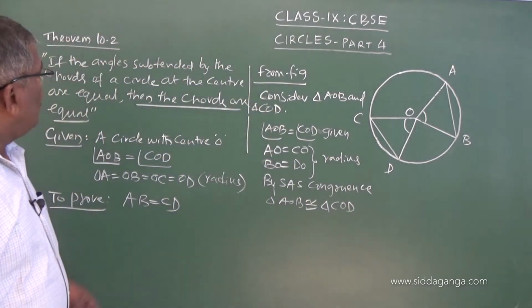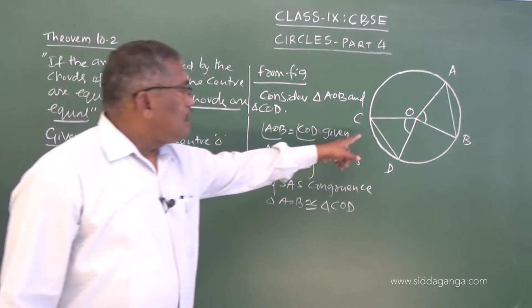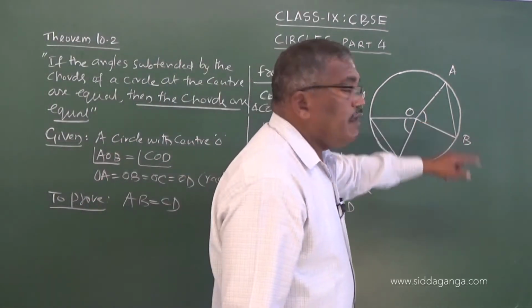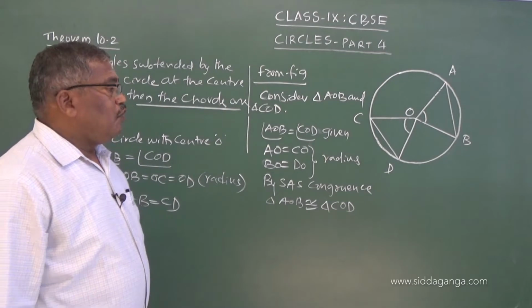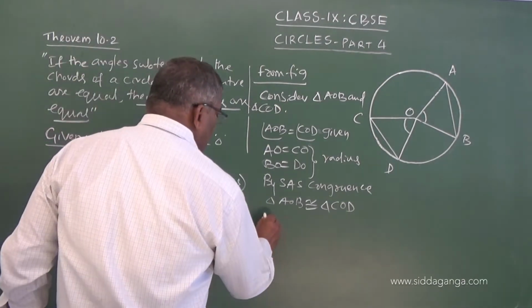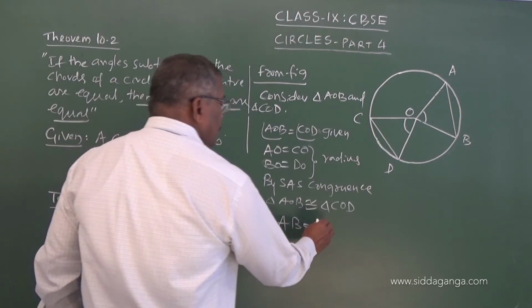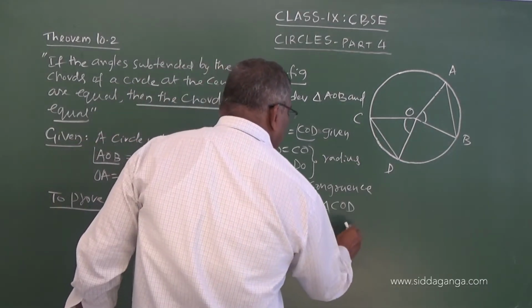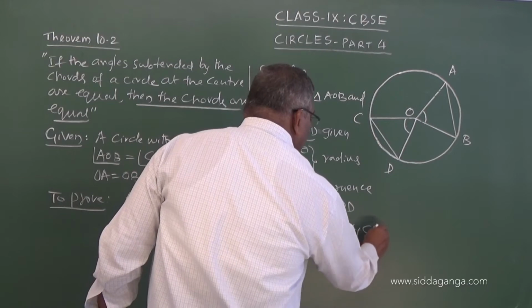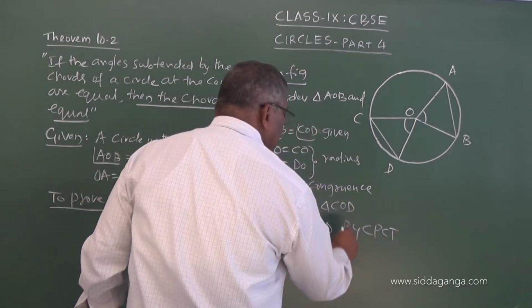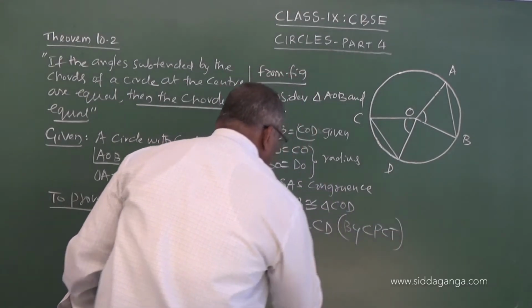So therefore the chords, that is CD and AB, are equal because they are corresponding parts of the triangles. Therefore AB will be equal to CD by CPCT. Hence proved.